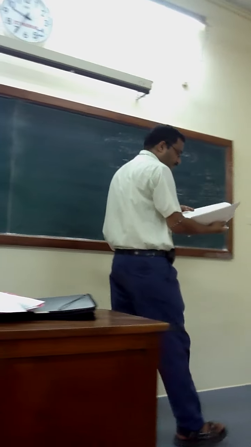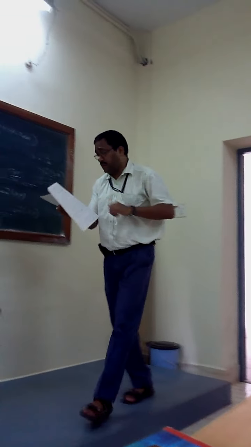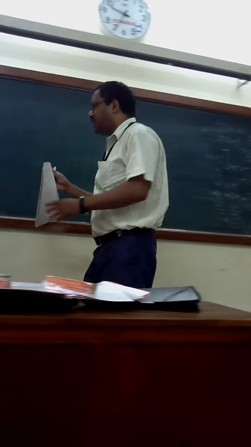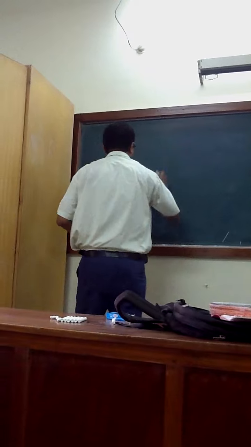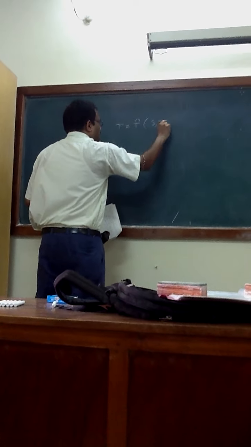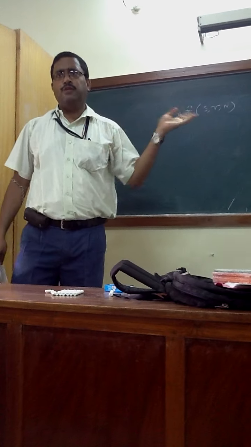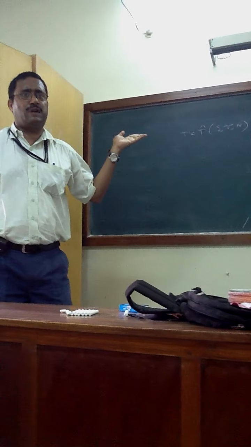S equals S hat of U, V, N was given, and I asked you to do that. But what I actually wanted to say is, when you write T equals T hat of S, V, N, can you prove directly from here that T is a homogeneous function of zeroth order?